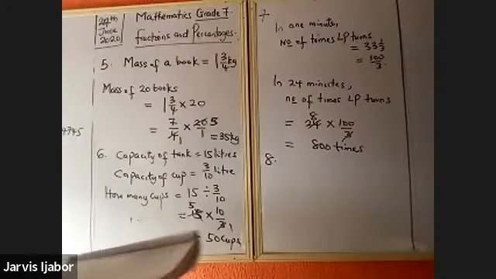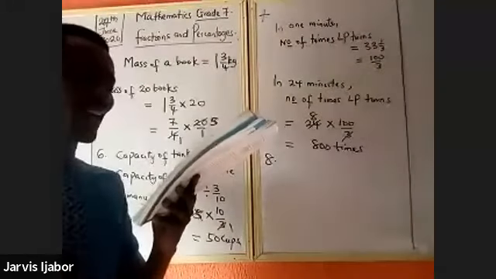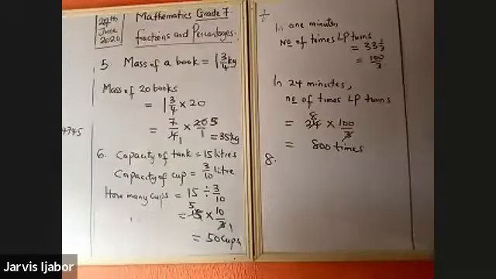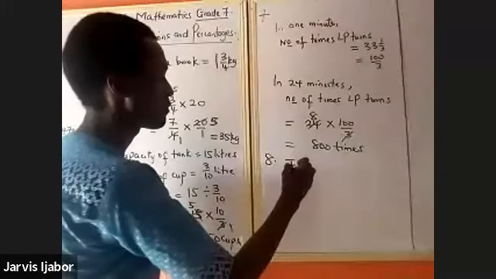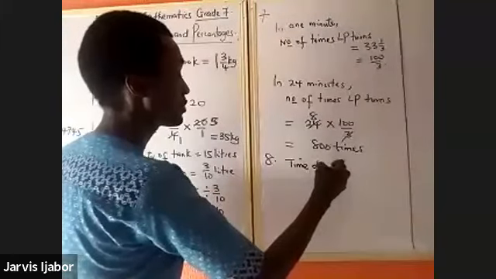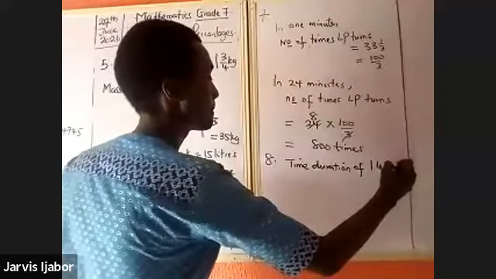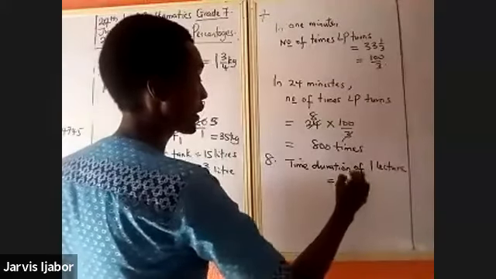Question 8 says, one lecture at an evening course lasts for 1.5 hours. So the duration of one lecture will be equal to 1.5 hours.